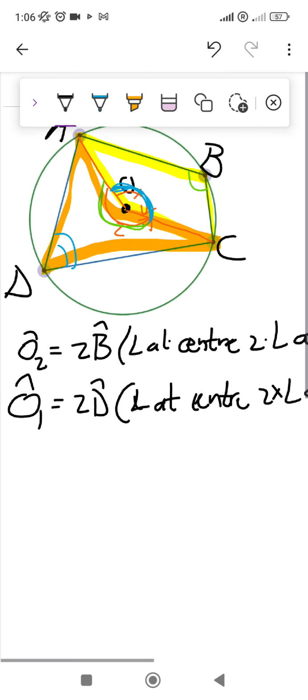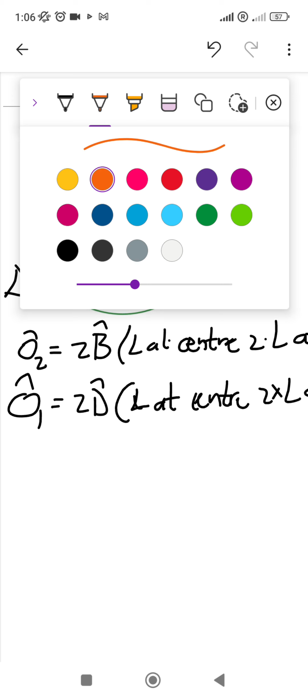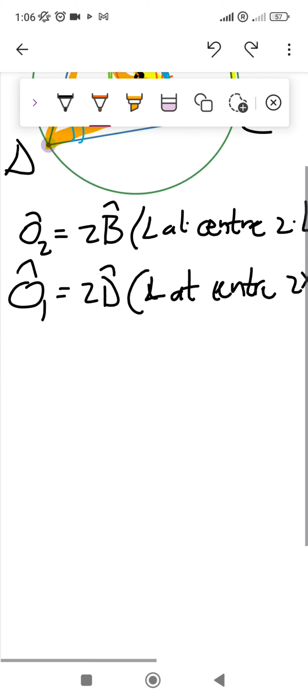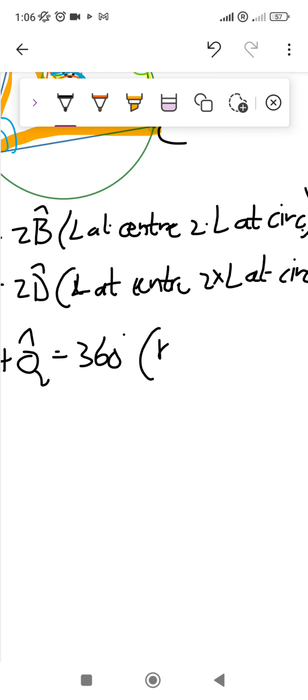The next thing to notice is that when you look at this O1 and O2 together, they form a revolution, right? So we know that O1 plus O2 is a revolution. So O1 plus O2 has to equal 360 degrees. Why? That's a revolution.